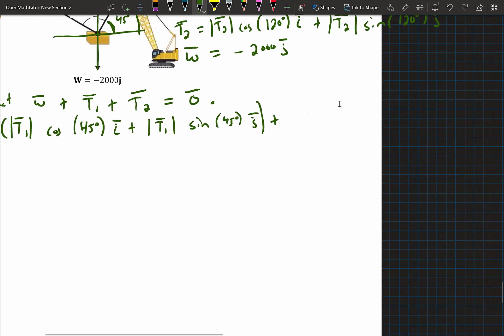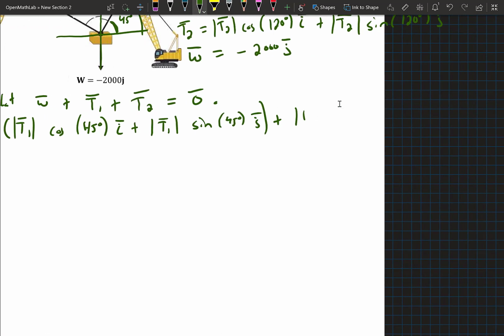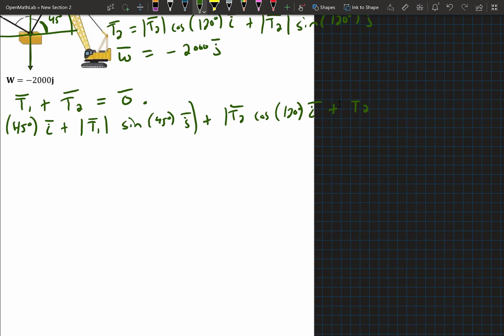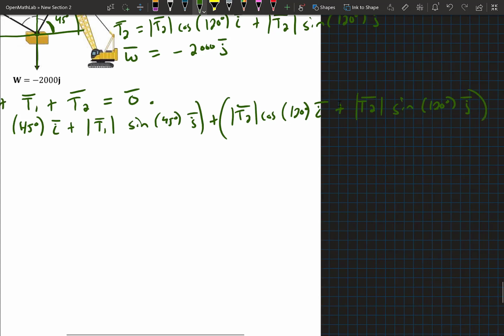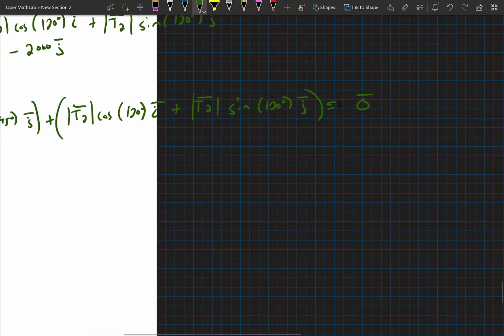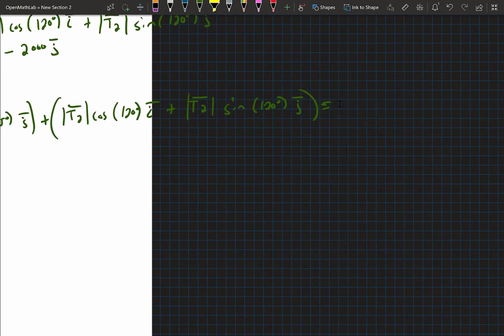And then plus T2, so that would be the magnitude of T2 times cosine of 120 degrees times vector i plus the magnitude of T2 times sine of 120 degrees times vector j. And that's equal to the zero vector, which, instead of writing zero vector, we could just spell out as 0 i plus 0 j.